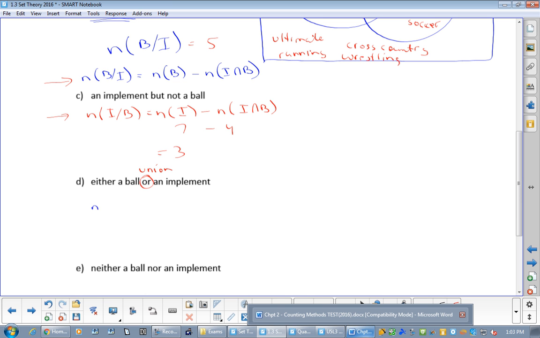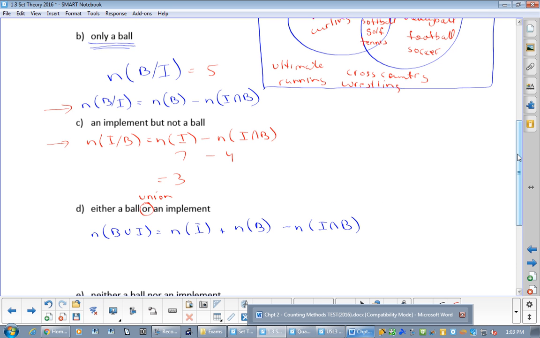So this would be N of B union I would equal N of I plus N of B minus N of I intersection B. Okay, now why do we have to subtract that intersection?